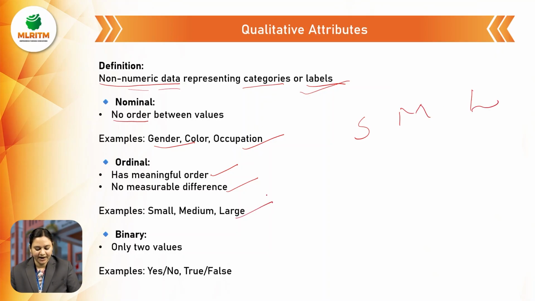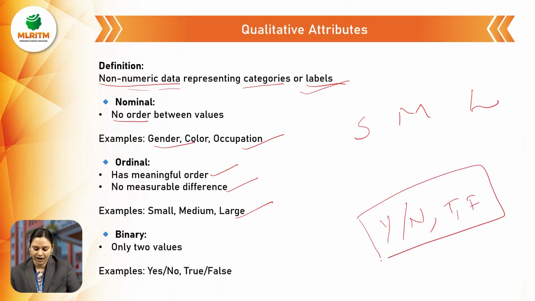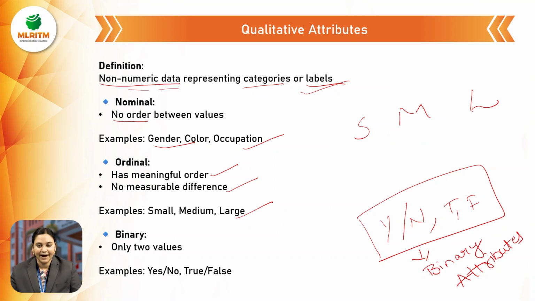And the next one is binary, where we have only two values. Examples are yes or no and true or false. These values are under the binary attributes.